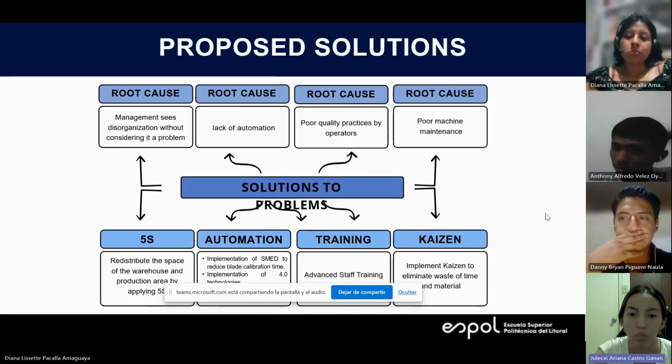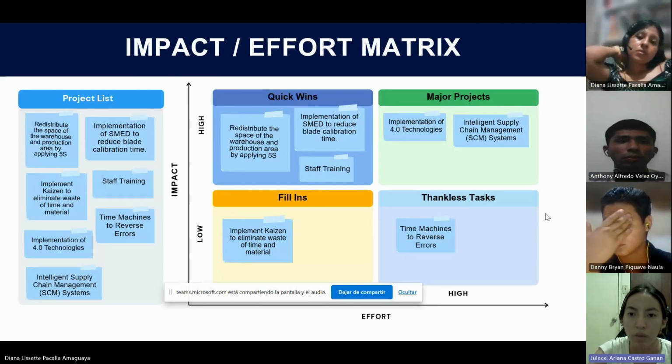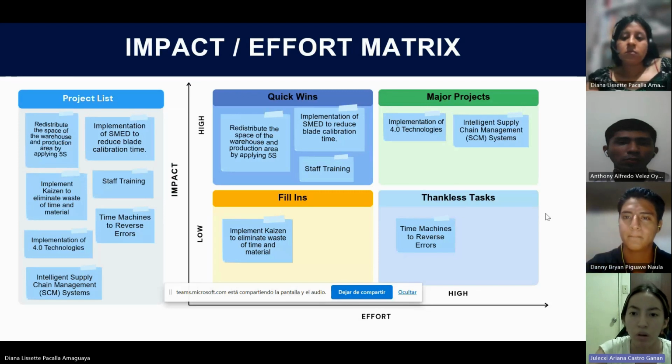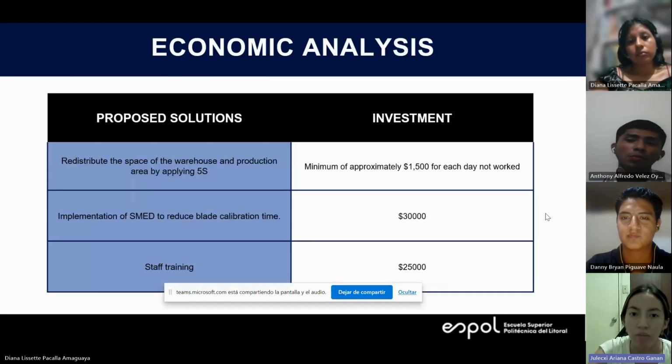Next, based on the cause-effect matrix, the implementation of the SMED tool in the production line and the implementation of 5S in the production line and in the warehouse area have been selected as effective and economically feasible improvement proposals.